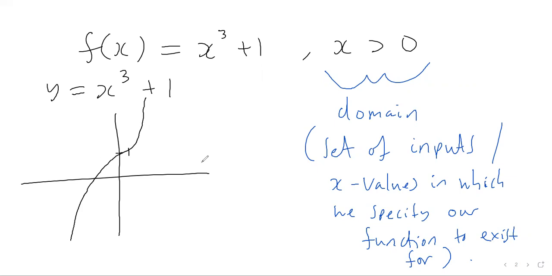Now, what is the range of the function? How do we define the range? Well, it's probably what you think it would be. Let me make a note here that this is y equals the function f of x. So what is the range of f of x? Range is literally the range of y coordinates that f of x can take. This is our y-axis, this is our x-axis.